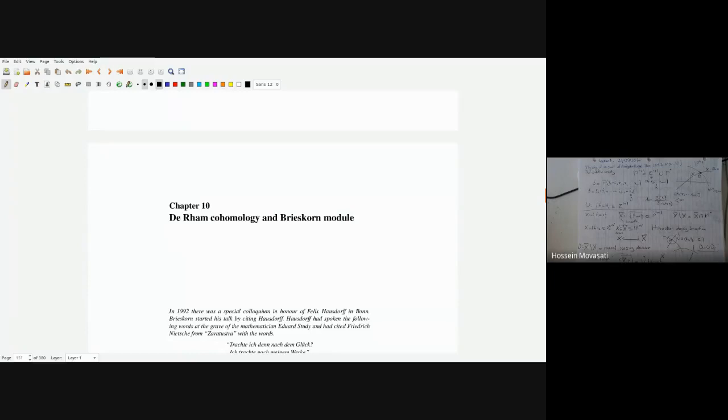Because I'm not sure that soon I will be able to talk about this topic. Okay, so in this context, something which is very nice to do, one generalizes this de Rham cohomology to something called the Brieskorn module.